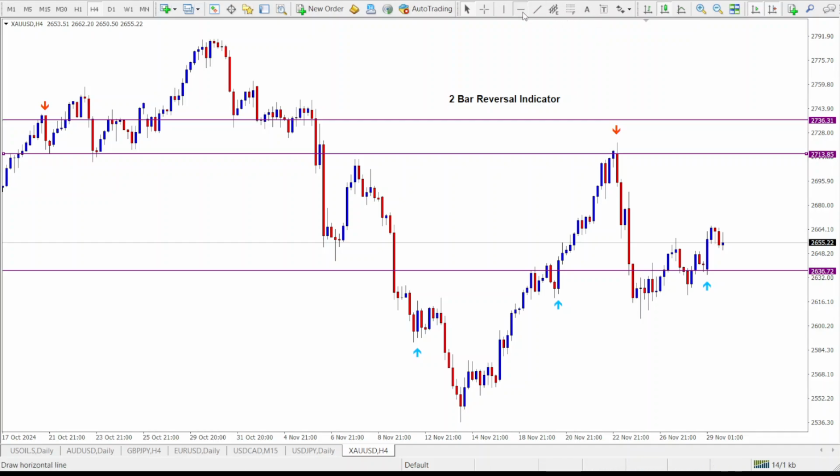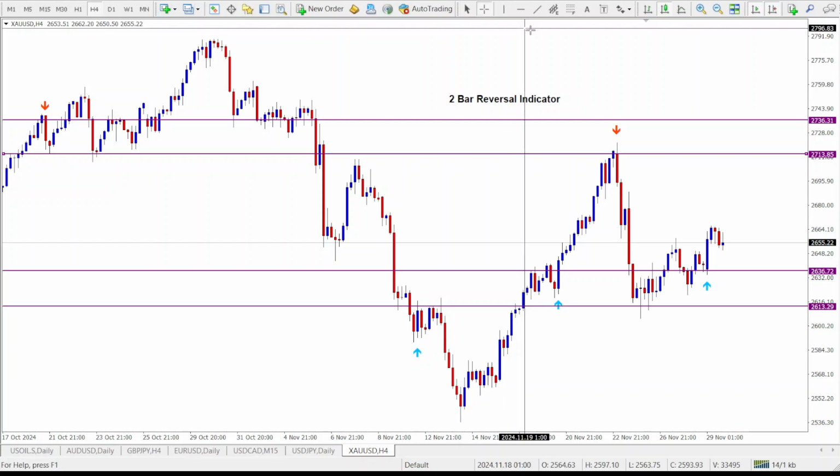Or you can just decide to use support zones to exit your sell, or rather, you can just set your take profits at support zones. At the same time, you can be watching out for when the blue arrow forms. So whichever one happens first, you are good to go.